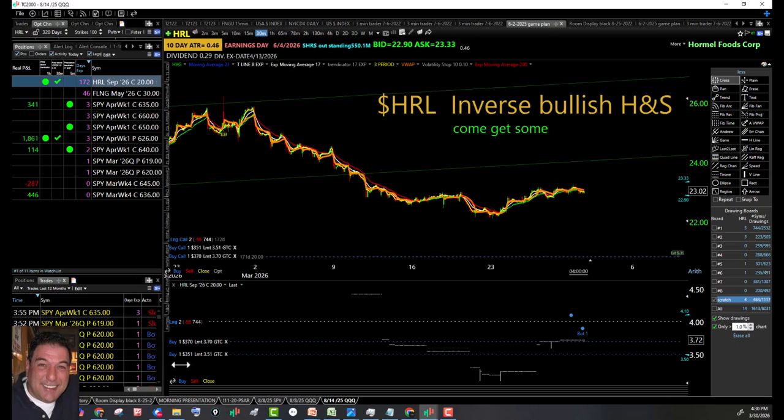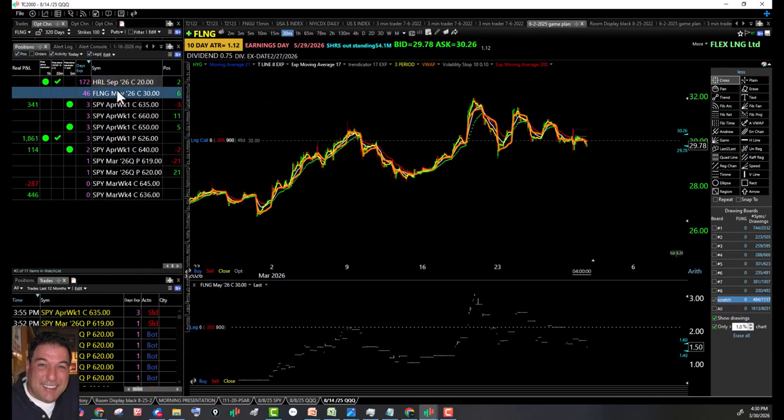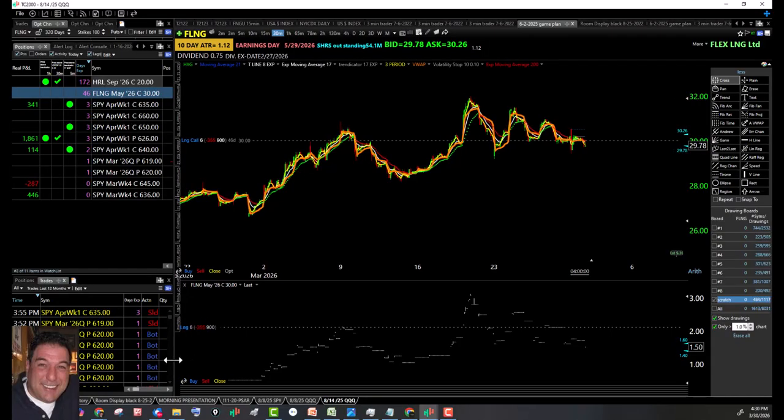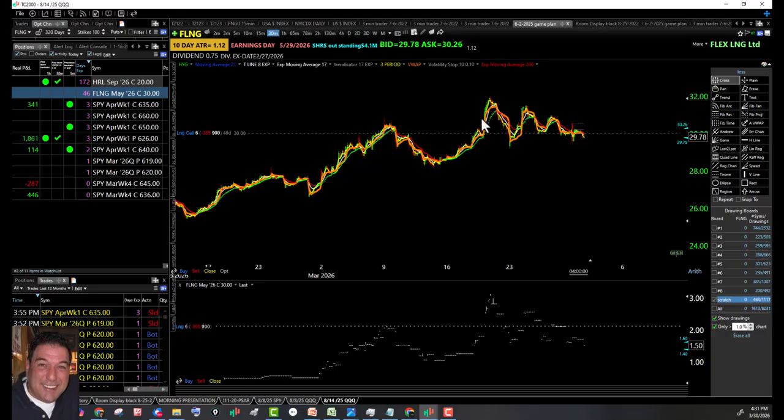Other than that, I still have FLNG. This is a long-term play on natural gas, or liquefied natural gas. So I've got 6 long contracts there. You can see we're in this bullish consolidation, kind of a pennant. I'm hoping we break out to the upside.